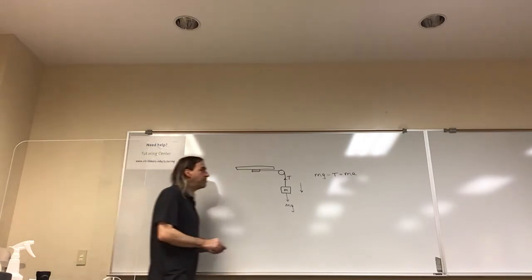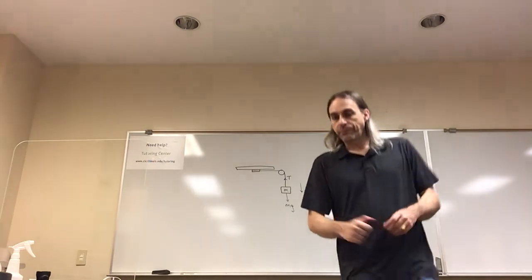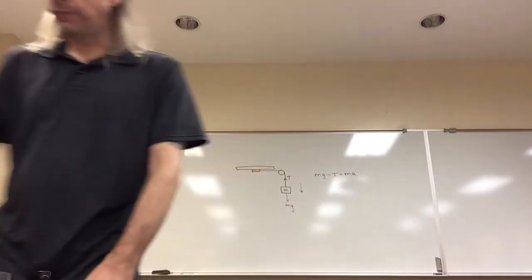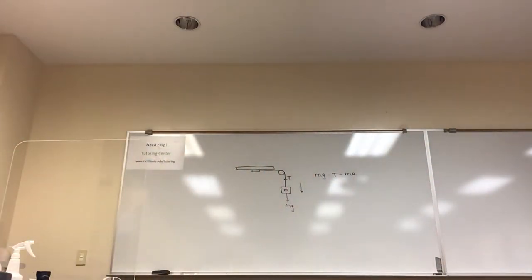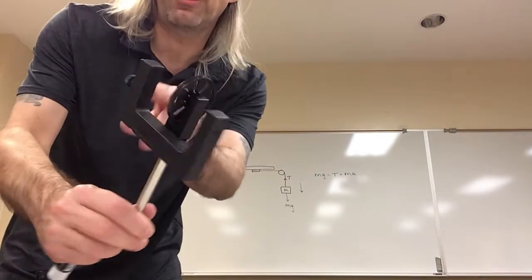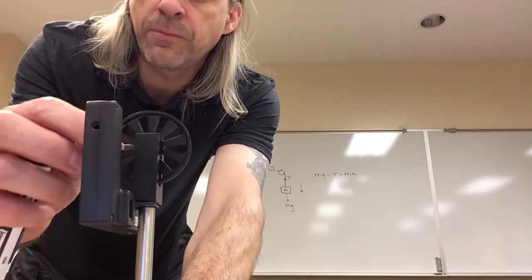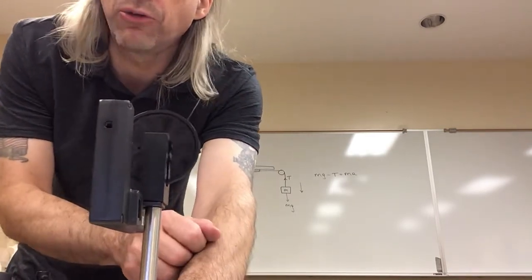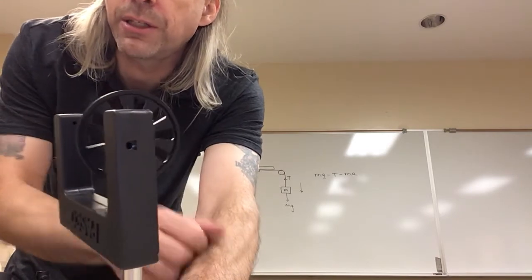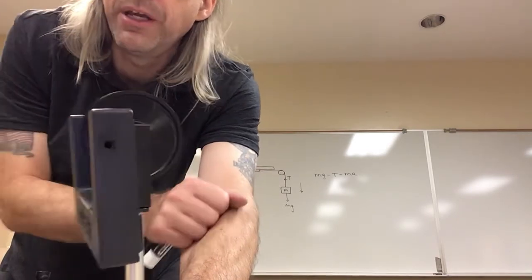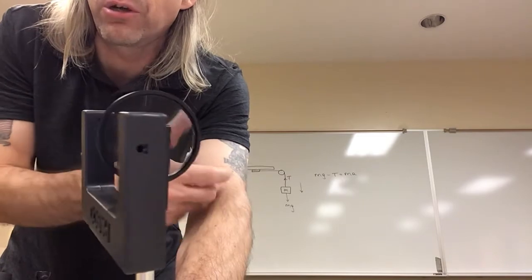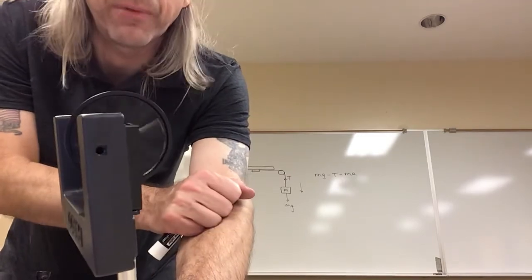Now, how do we actually measure the acceleration? I should have talked about this first. This is the pulley here, and it's hooked up to a photogate. As it's rotating, the spokes are going to be constantly blocking the laser beam, and the more quickly you rotate it, the more often that's going to happen.